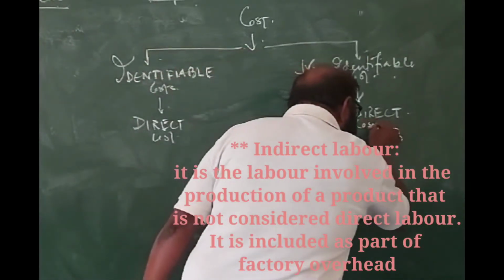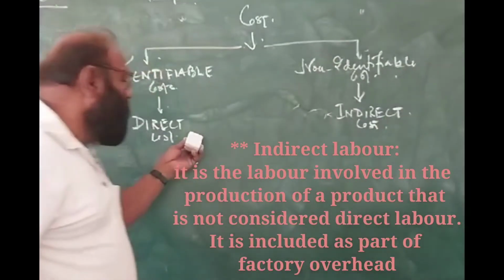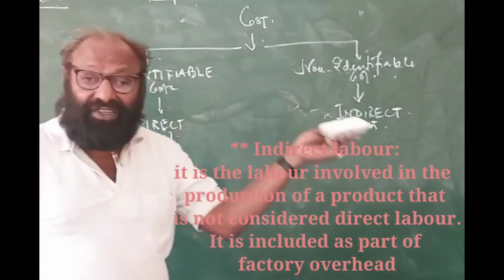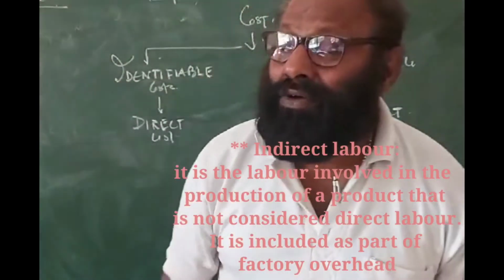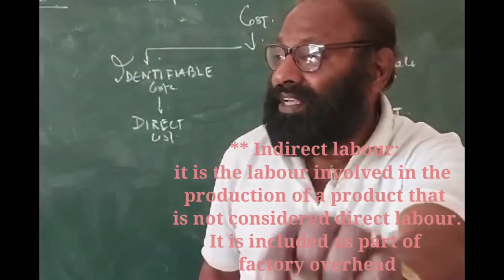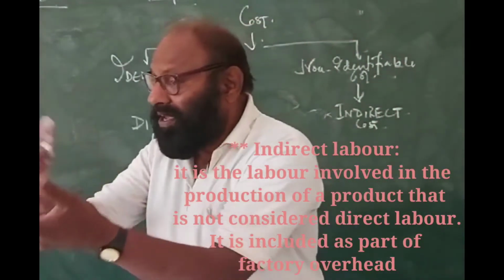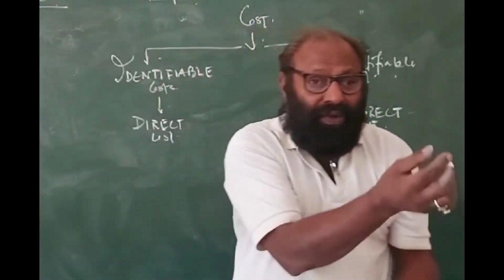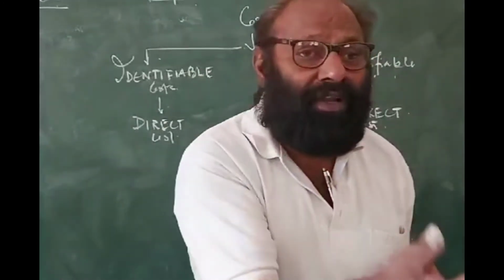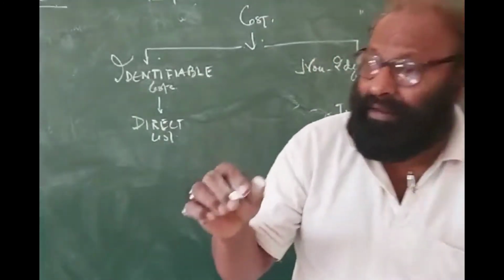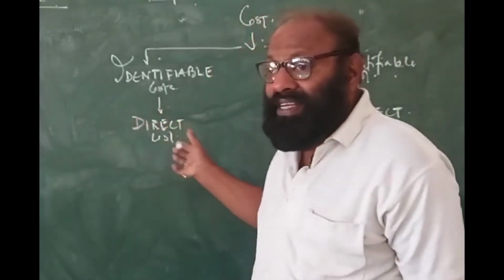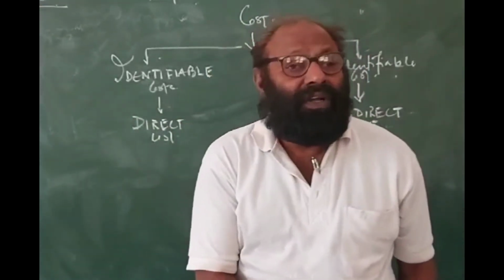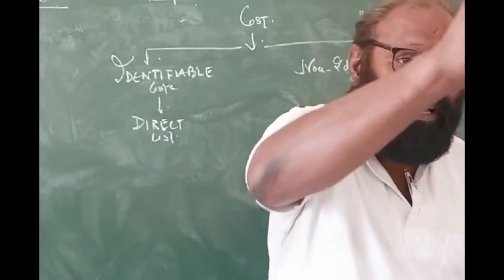Why direct cost? Because these costs are directly charged. You can spell out how much wood is needed for making an almirah. You can tell the cost of the labor, the mistri and his helper. You can spell out the royalty on production directly.